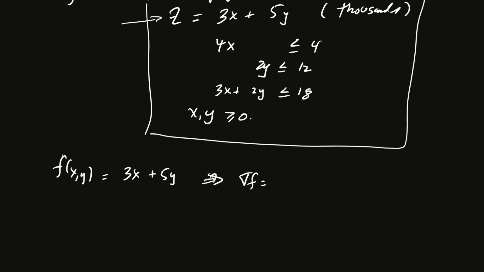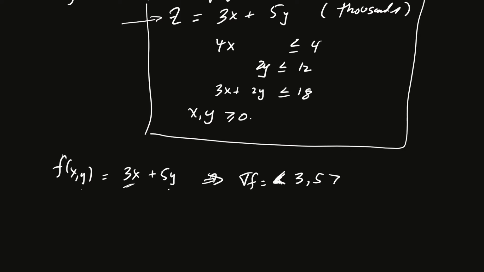We're looking for the critical points, so the gradient has to be 0. In this case, the gradient is the partial derivative of f with respect to x, which is just 3, and the partial derivative of f with respect to y, which is just 5. And so this is my gradient function.